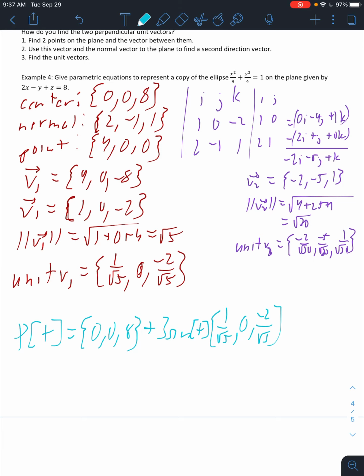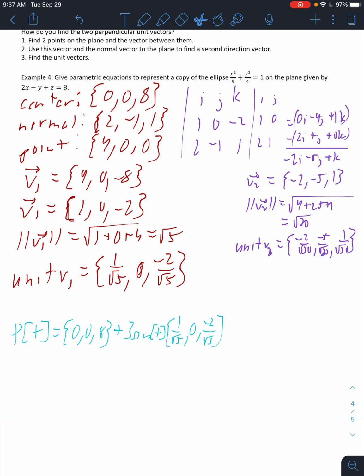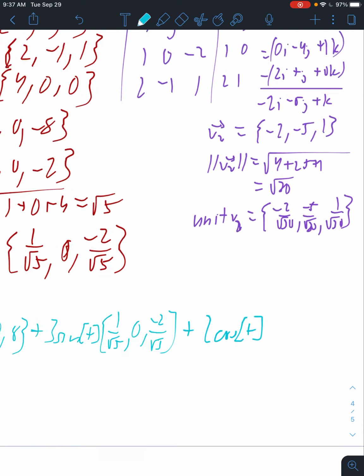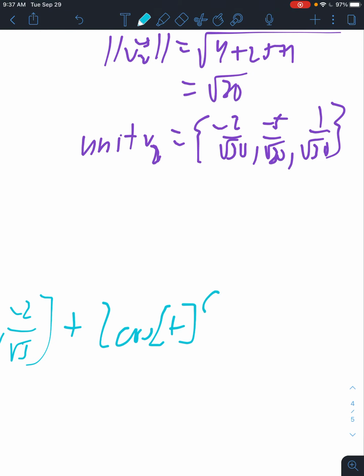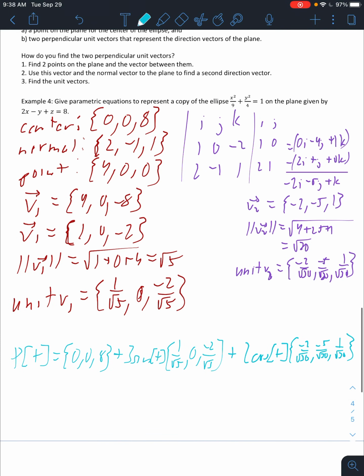There, 3 sine t times the unit vector, plus 2 cosine t times the other unit vector. And there we have our ellipse that would be on the given plane.